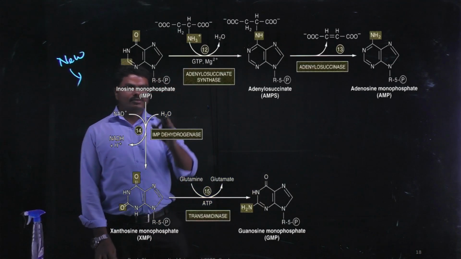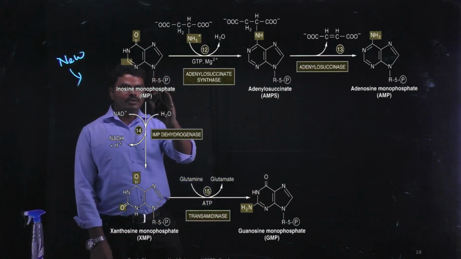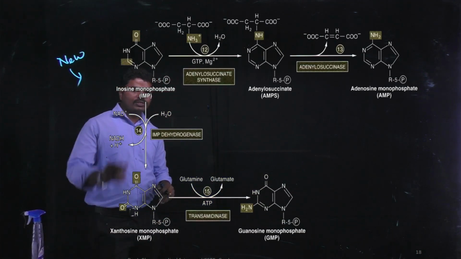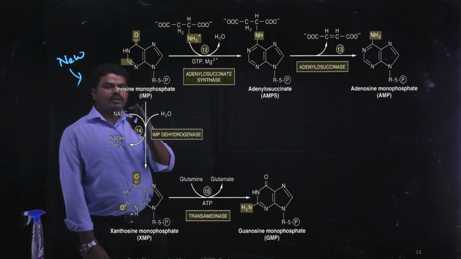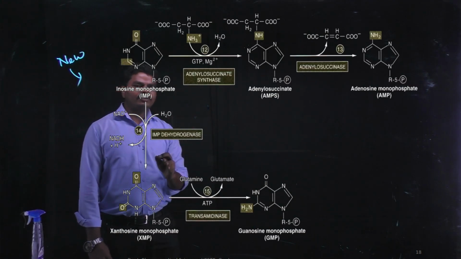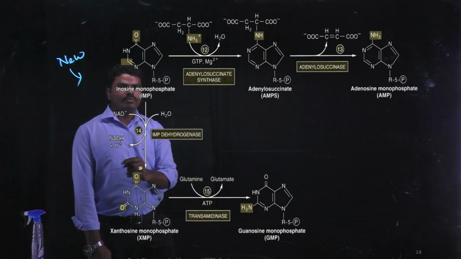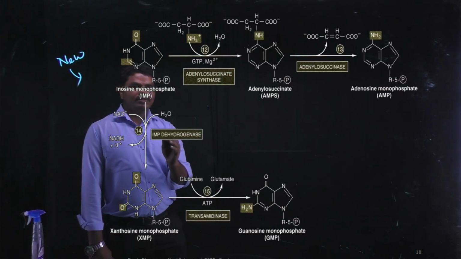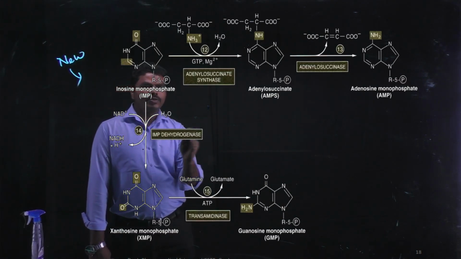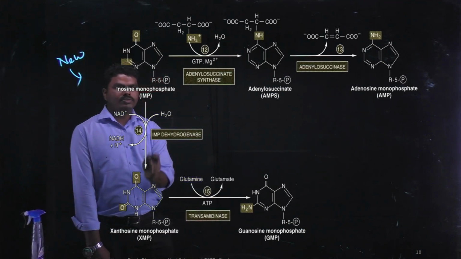Next, in case of GMP formation from the inosine monophosphate, first there is a conversion of inosine monophosphate to xanthosine monophosphate by the NAD plus dependent dehydrogenase, a dehydrogenation process.